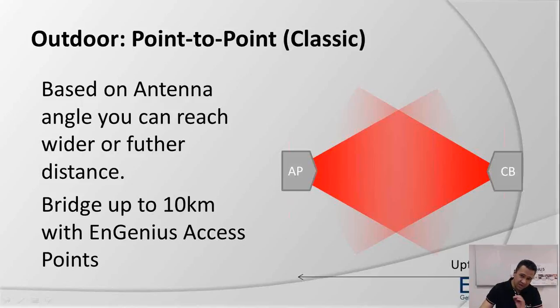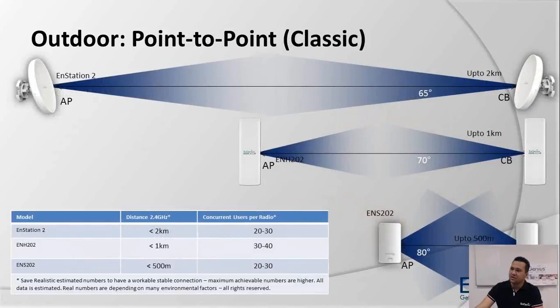Of course, that would be in an ideal situation with line of sight, 100% fine-tuning and aiming at each other. 10 kilometers is doable, but I always say, for normal deployments, typically 500 meters to 1 kilometer is normal. I make an overview here in my next slide.